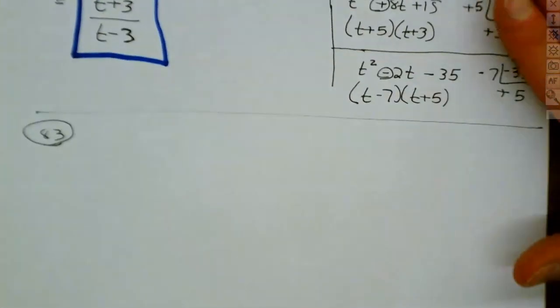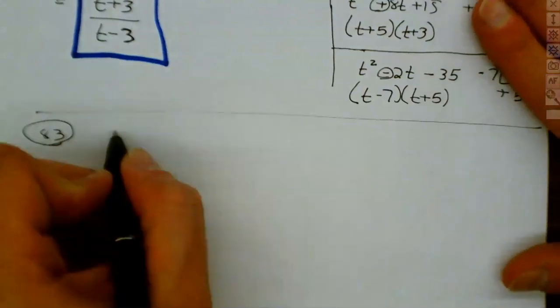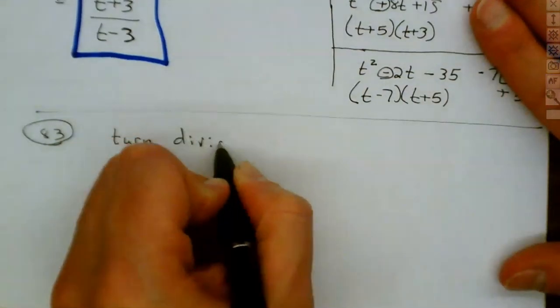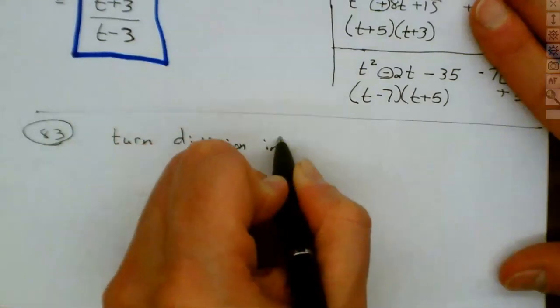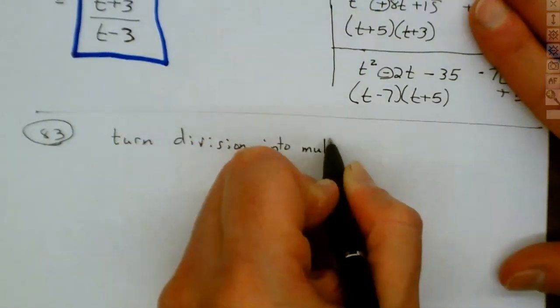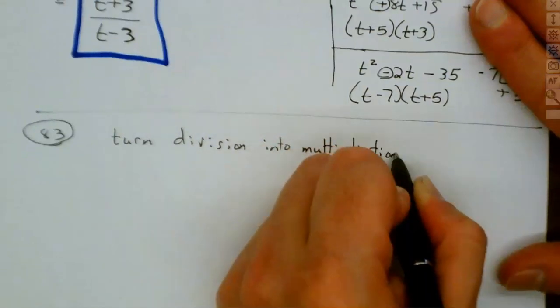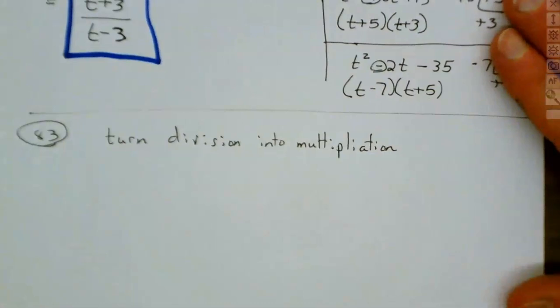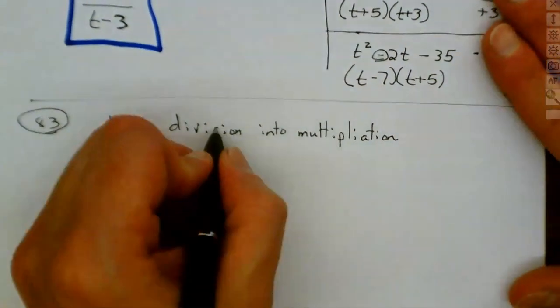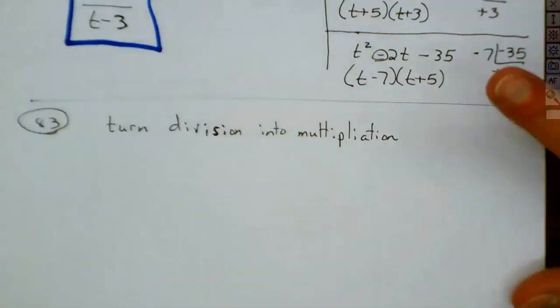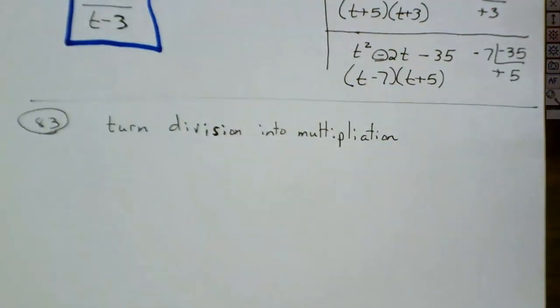When we divide, though, we have to turn it into multiplication. So we're going to turn this division into multiplication. And that means we simply take our second fraction and flip it over before we do anything else. So we're looking at 83.